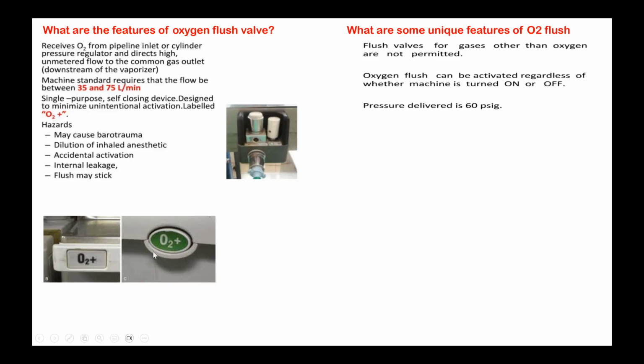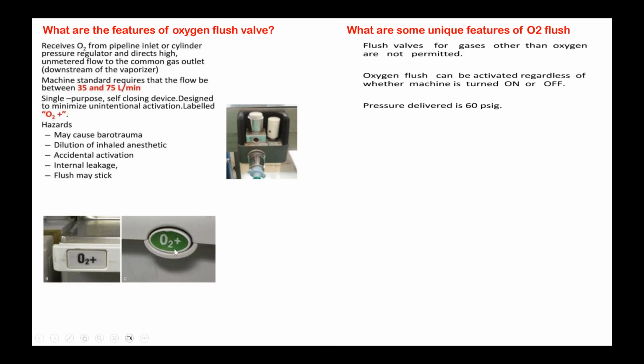We can't reach it very fast when we are placing the hands over the machine. This is a guard to prevent accidental activation, whereas this one is almost flush on the surface. So even inadvertently, if your finger or your elbow touches this part, it will be activated. Whereas this is kept slightly inside, in a recessed area with a guard here.